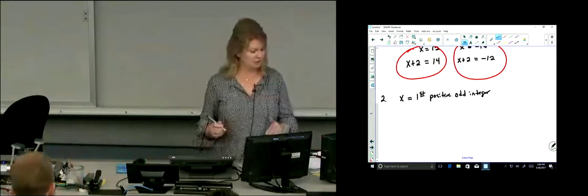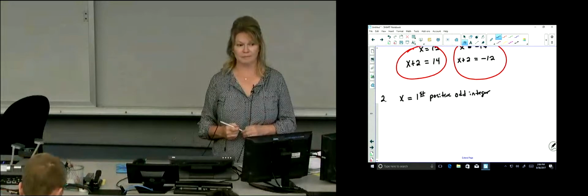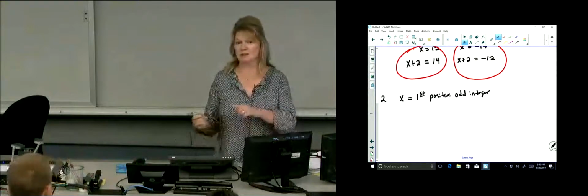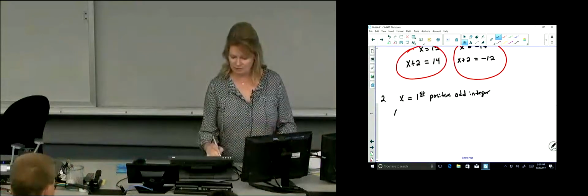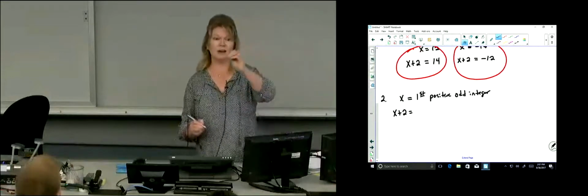So how do I get to the next consecutive odd? If my first one is the number 3, how do I get to the next consecutive odd? What do I add? I still add 2. So if the first one is odd, to get to the next odd, I still add 2.